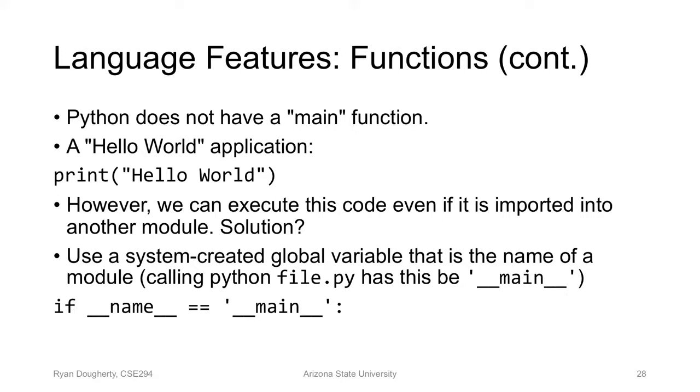So if this is true, then we're called from the Python 3 interpreter. If not, then we're being imported from somewhere else. Okay? So we can create our own main function, which will only execute when we're called from the Python 3 interpreter. And if not, since everything else now is in a function, either in main or some other function, then nothing will be executed, right? So that's exactly what we want.